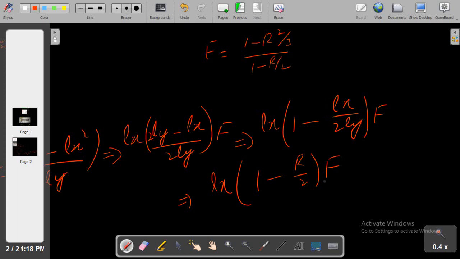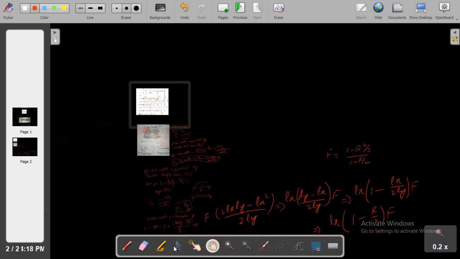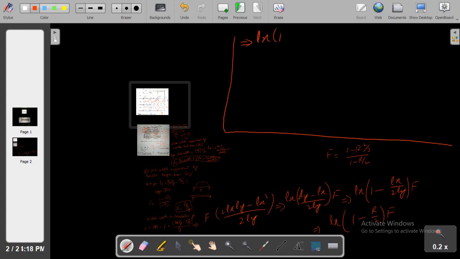If we plug this value in, let me write it down here. So finally, I have Lx into 1 minus r divided by 2 into f.